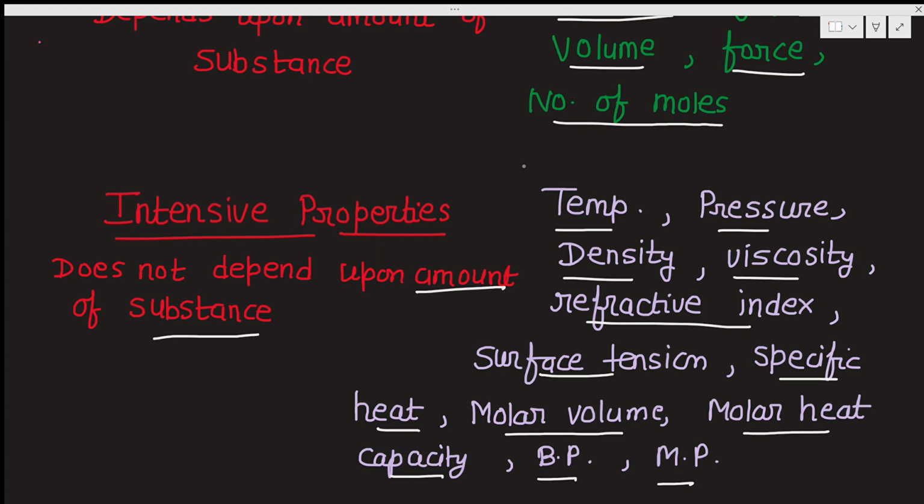Actually, if you see any property with the prefix molar, or per, or specific, then it is an intensive property. For example, molar internal energy is an intensive property. Similarly, molar heat capacity is an intensive property.